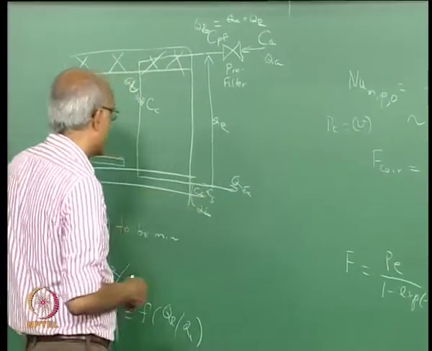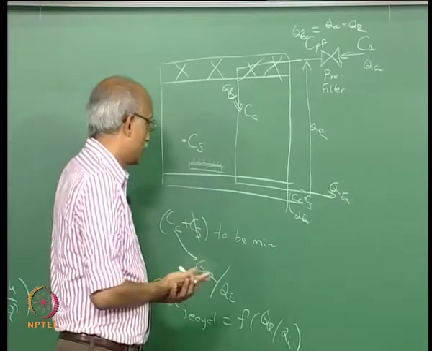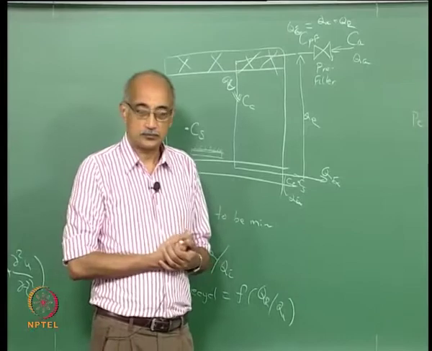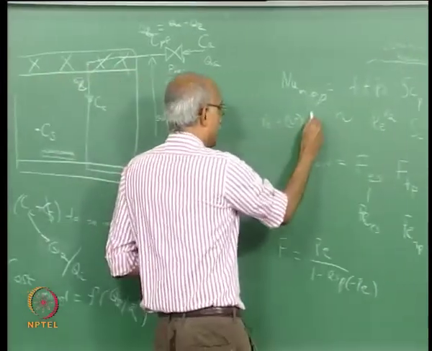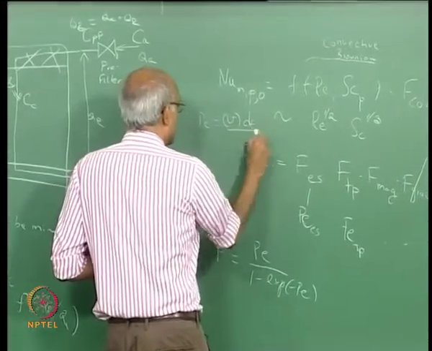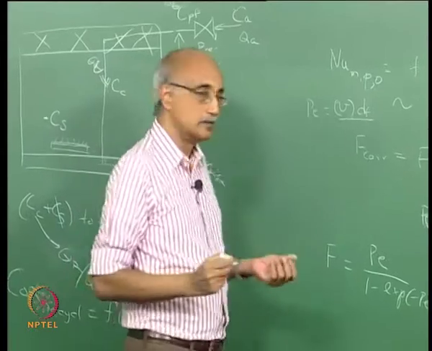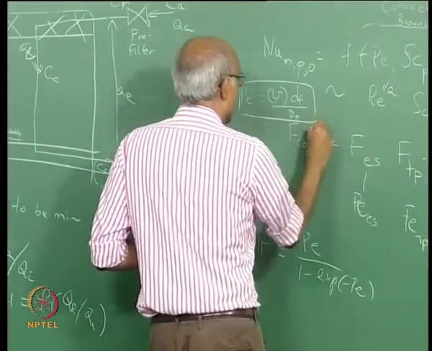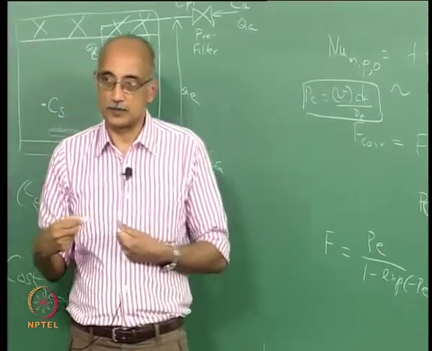In this case the characteristic dimension would most likely be either the diameter of the wafer if it is a circular wafer, or the length of the wafer, but some characteristic length of the deposition surface, divided by a diffusivity value, which measures the importance of these mechanisms relative to diffusional mechanisms.